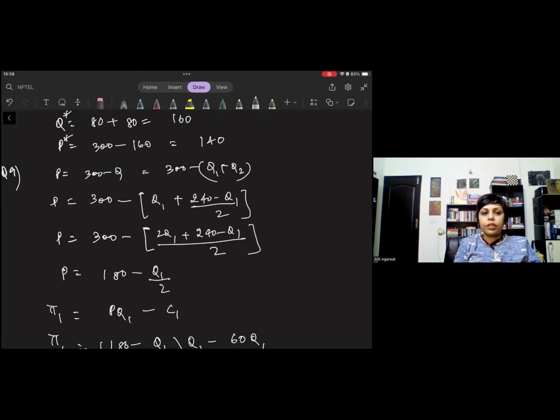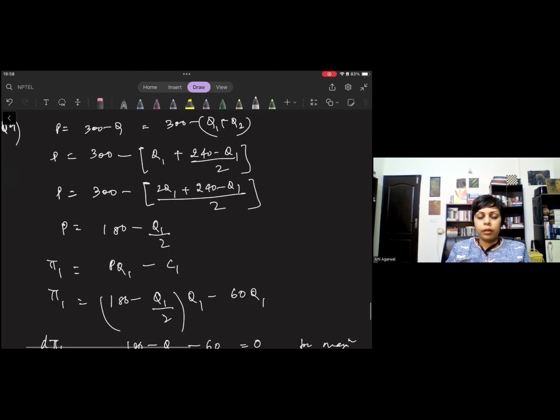In the case of differentiated products, you will have a separate demand function for each firm, but both will be a function of both. So the demand facing firm 1 will include both q1 and q2. Similarly for the second firm. The approach is still going to be the same, but the whole calculation is a little bit more complex, so I'm not going into that. And I'm guessing you will probably not be asked questions on that either.